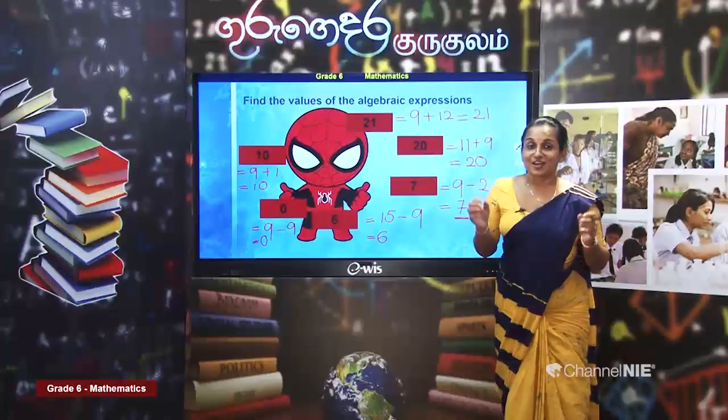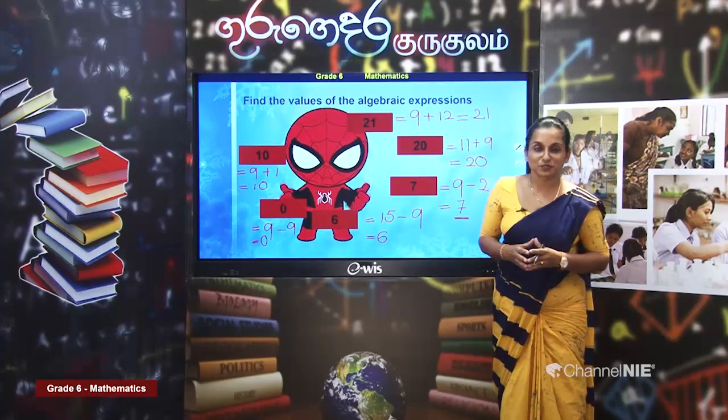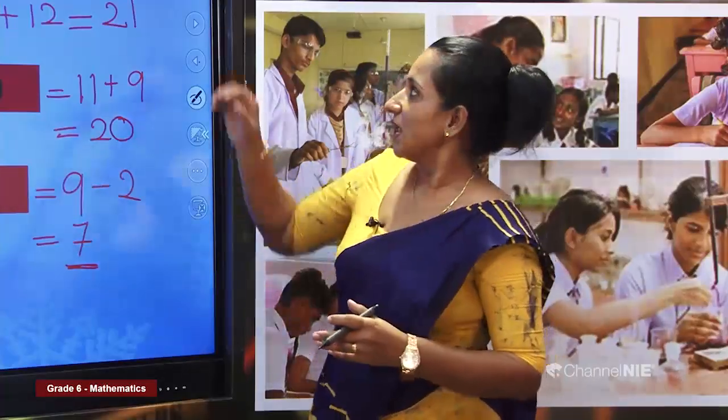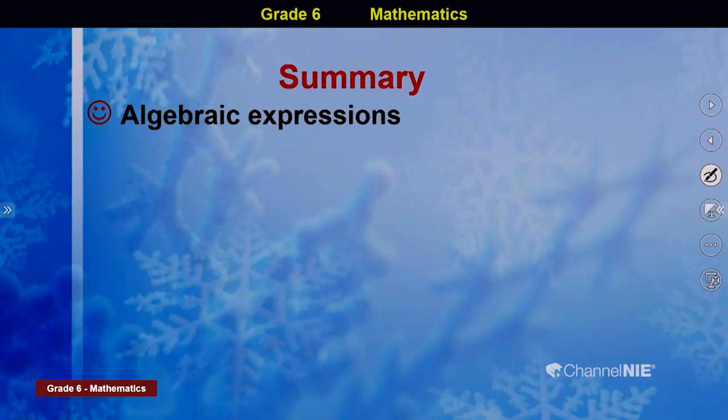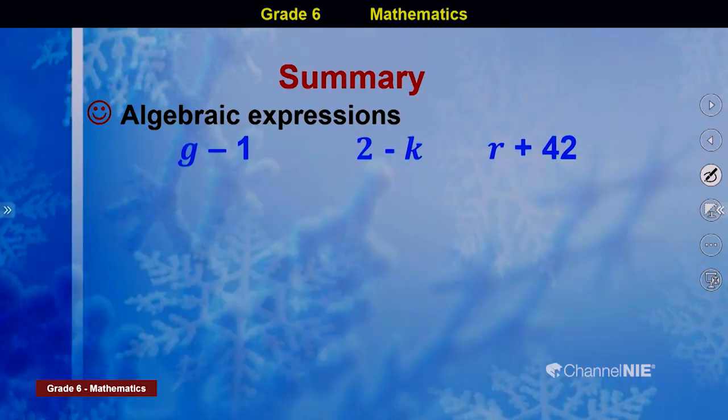Okay children, I hope you enjoyed substituting values to algebraic expressions. What we have done up to now, in a nutshell, we learned about algebraic expressions. Algebraic expressions contain numbers, mathematical operations and algebraic symbols. Here are some examples. Then we learned about substitution.